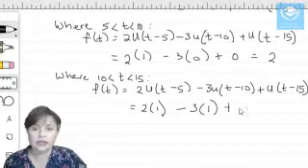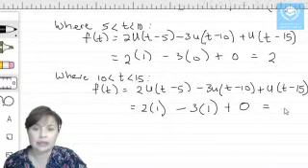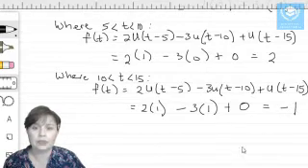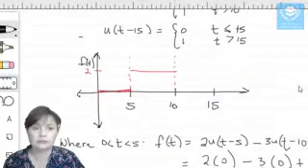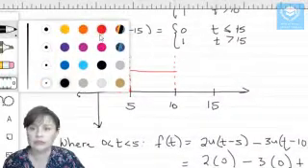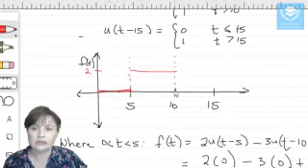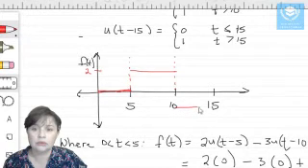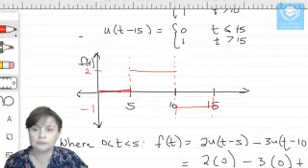And that means that f of t in this interval is going to be minus 1. So if I graph that, it switches from positive 2 to minus 1, like that. And that is minus 1.